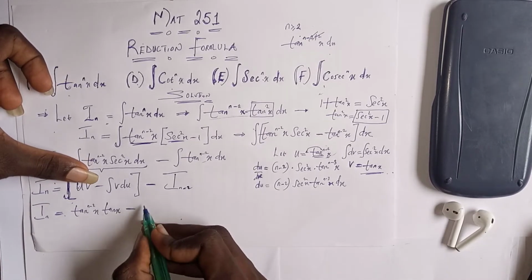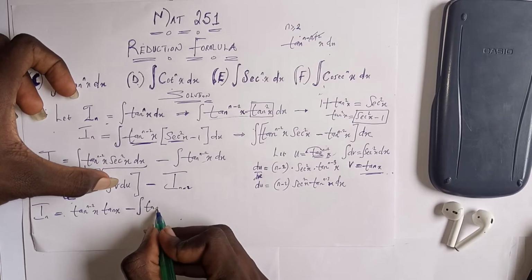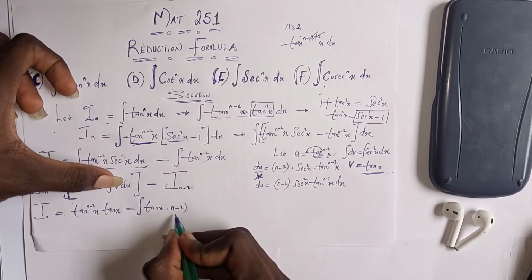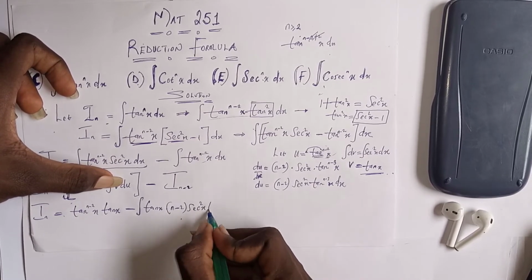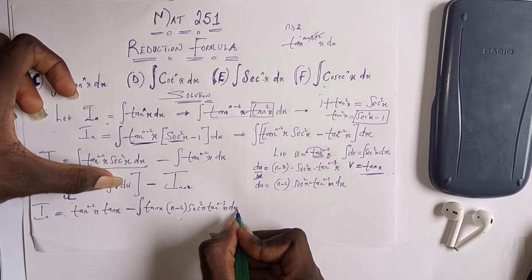Then minus integral of v is tan x, right? Times du is n minus 2 sec square x tan n minus 3 of x dx.